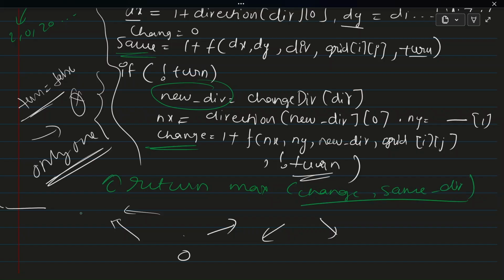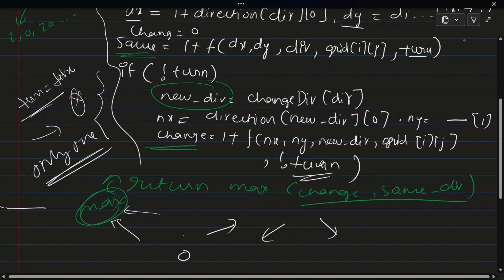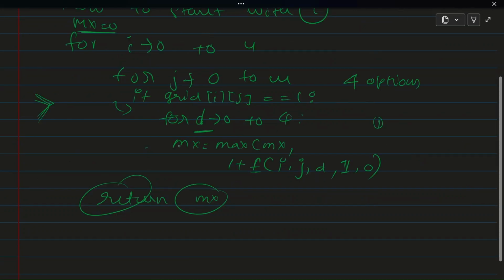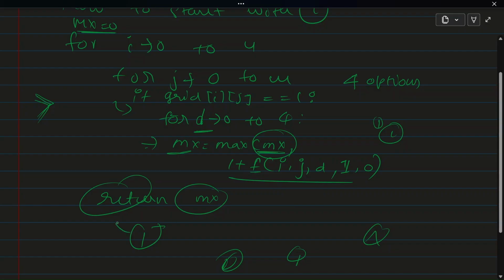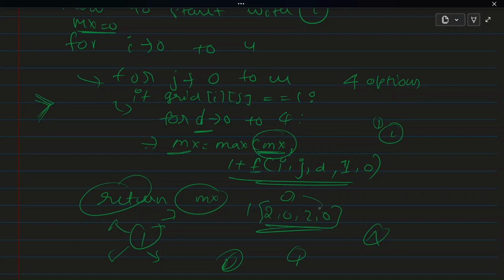So this will return the maximum one, and in our main function we get the current maximum for each one. Imagine there are some 4 ones in the grid. For each one we call this for all 4 possible directions and get the maximum from this function. This will maintain the sequence of 2 0 2 0. Since we have already started from 1, it will make sure these will be followed.